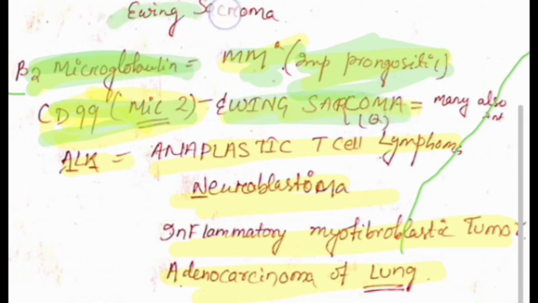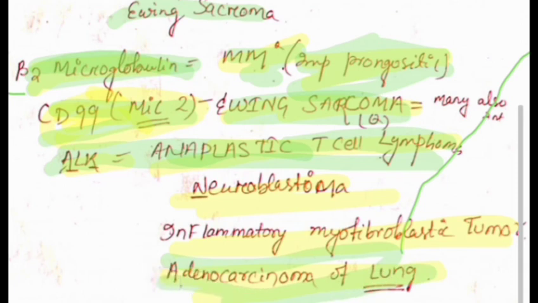We discussed before that Ewing sarcoma is a tumor of the skeletal bone where an onion peel like appearance appears on the bone, and it becomes weak, and the periosteal reaction looks like an onion peel on X-ray. Then the ALK marker: A for anaplastic large cell lymphoma, L for adenocarcinoma of the lung, then K, that is neuroblastoma in infants.